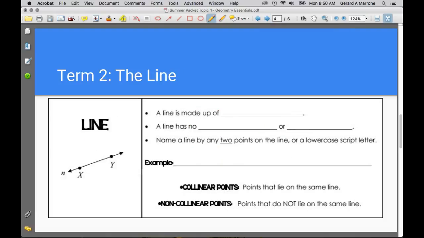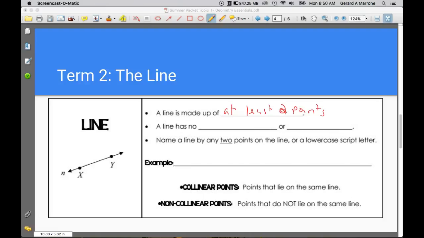The next one up is the line. A line is made up of at least 2 points, but it's really an infinite number of points. And it will continue on infinitely in either direction through those 2 points. And the key characteristic of our line is that it has no thickness or width to it.